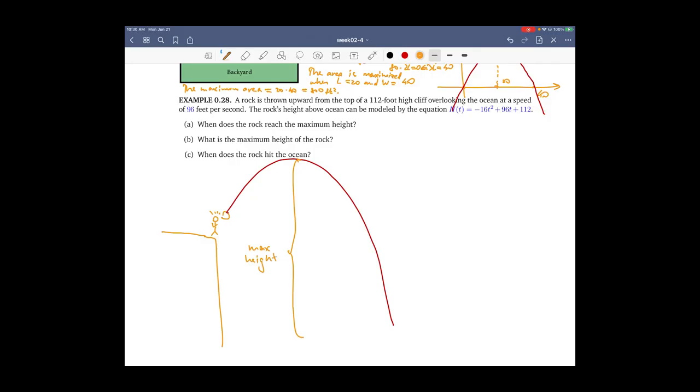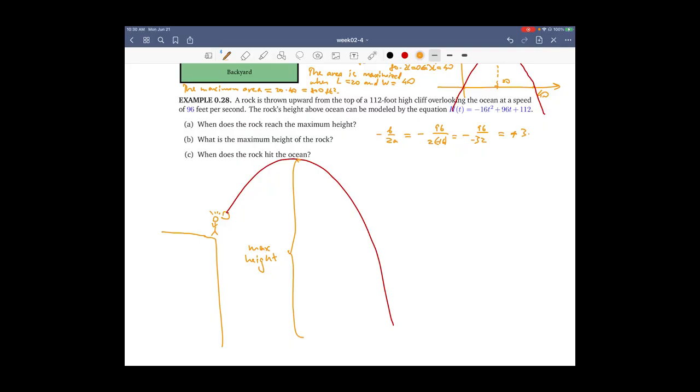So to find the vertex, we compute negative b over 2a, which in this case is negative 96 over twice 16, which is negative 96 over 32, which is negative, positive 3. I apologize, positive 3.